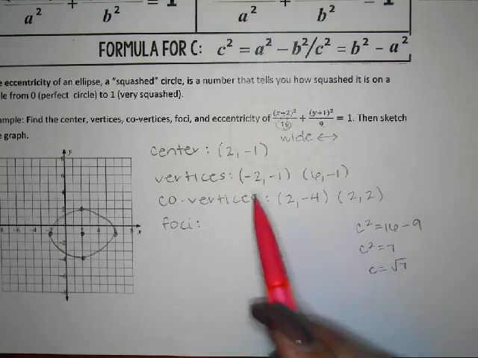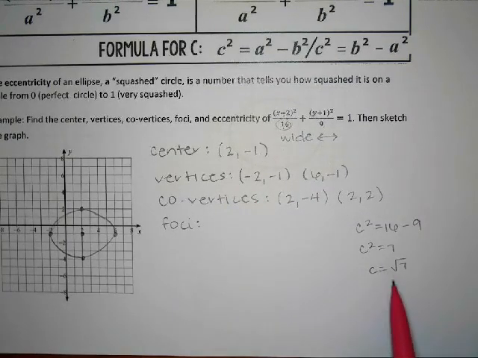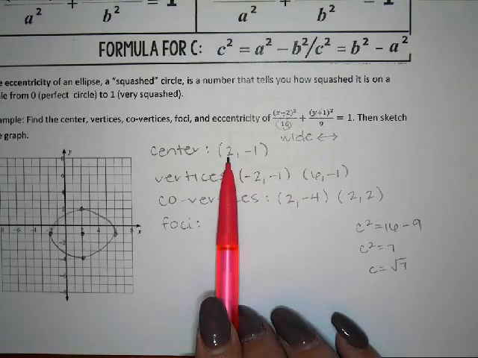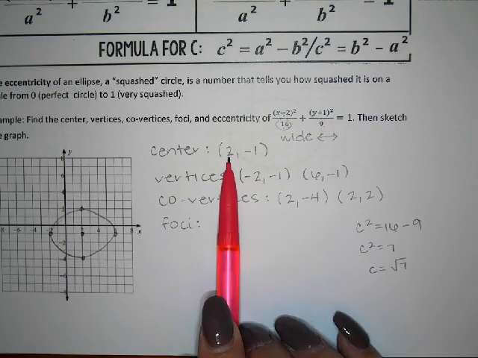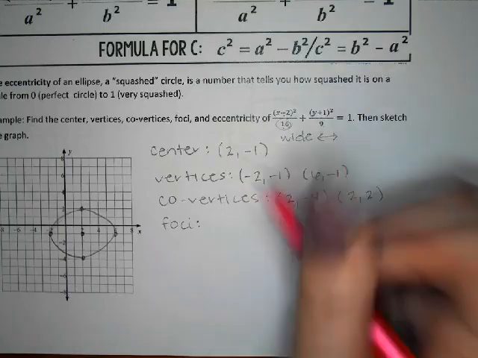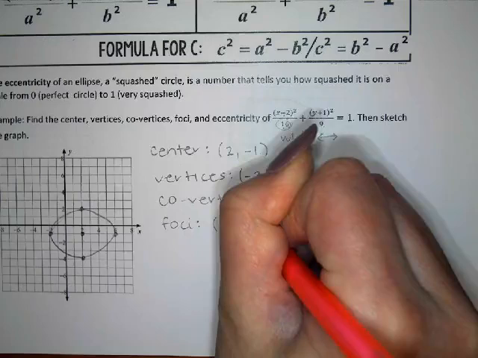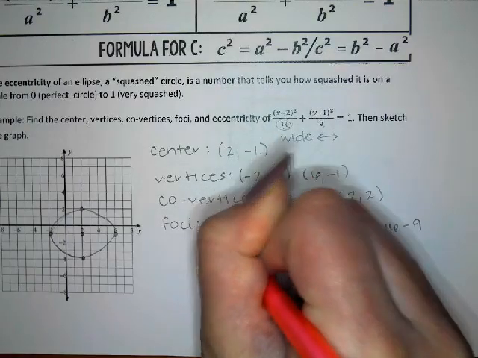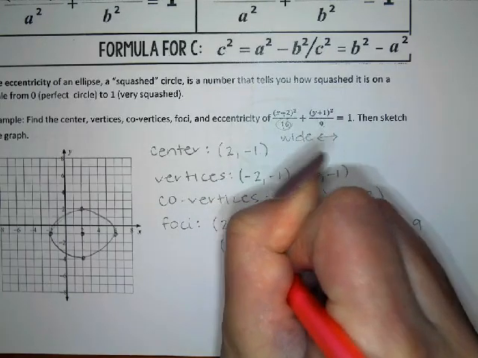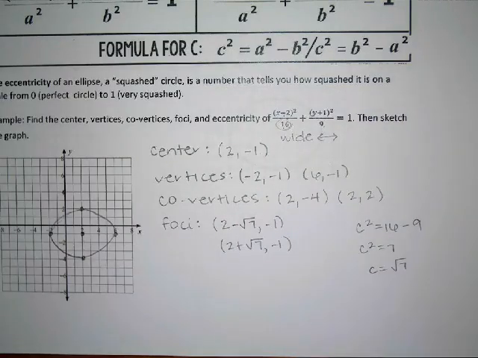And so that means that the foci is going to be left and right. And so from the center, from 2, we're going to go left square root 7 and right square root 7. So 2 minus square root 7, 2 plus square root 7. So that's where the foci would be.